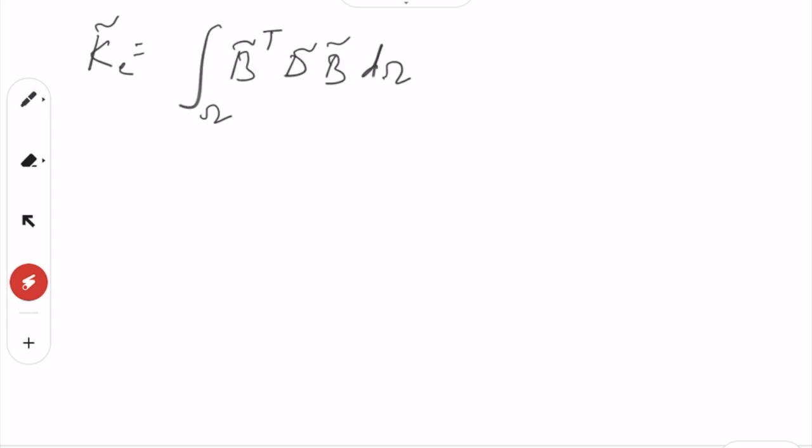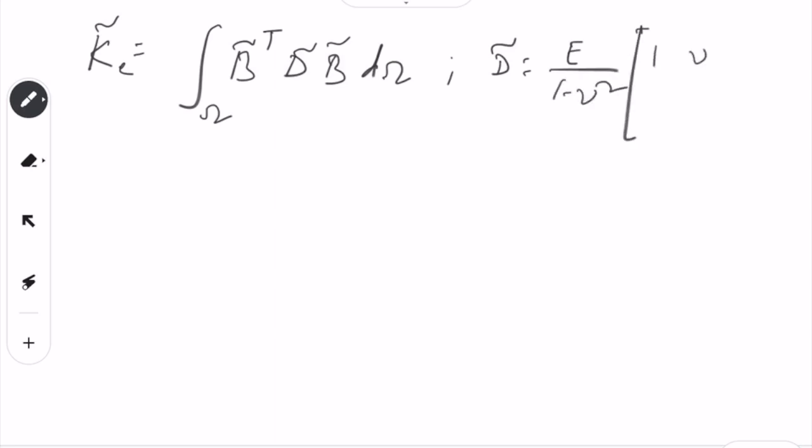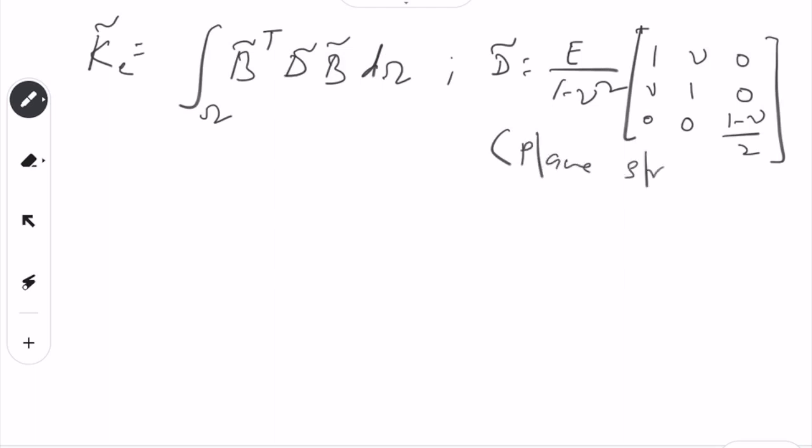We have to make these things. D is easy, we know what D is: E over 1 minus nu square, times the matrix 1, nu, 0; nu, 1, 0; 0, 0, (1 minus nu) over 2. This is the material property, and this is for the plane. This is a plane stress problem, we can assume that. If it is not given, you can assume. If given, then you have to assume accordingly.